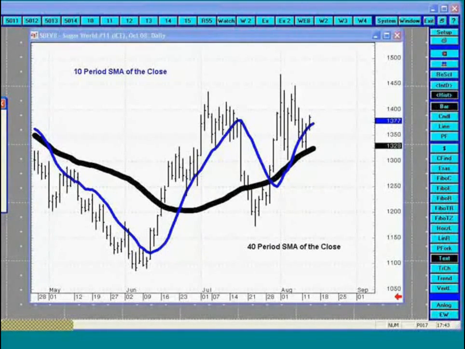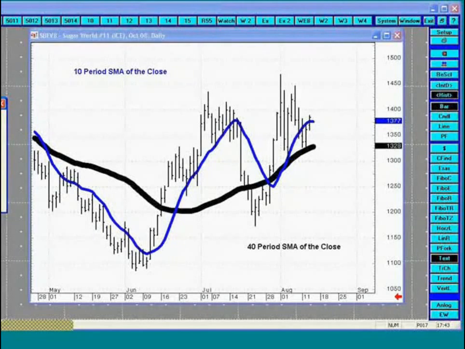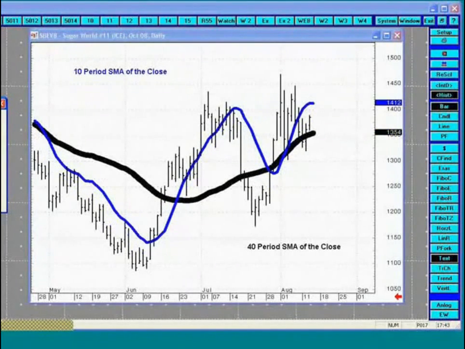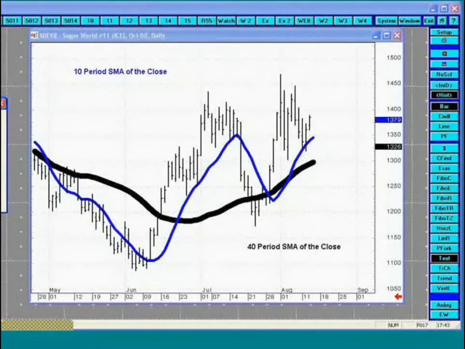And let me see if I can make it go back to the close. Just a slight difference. You can actually use the high or the low. Or you can actually use the midpoint of the trading range.